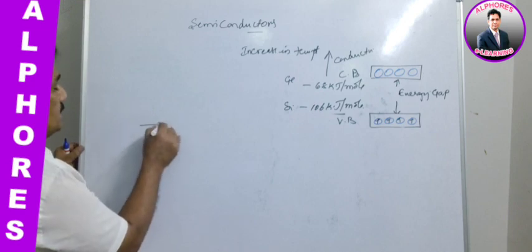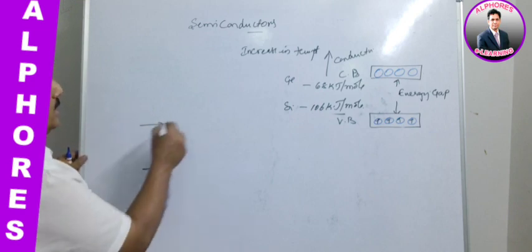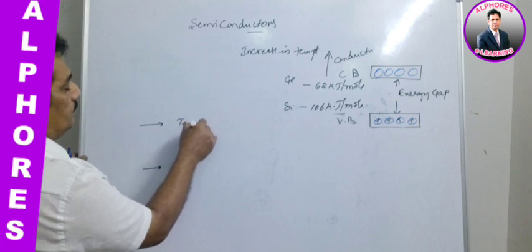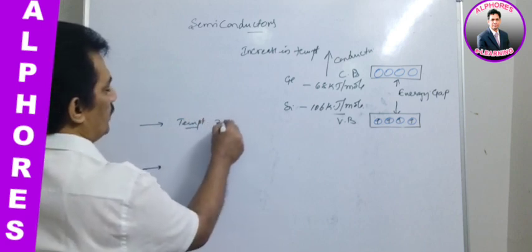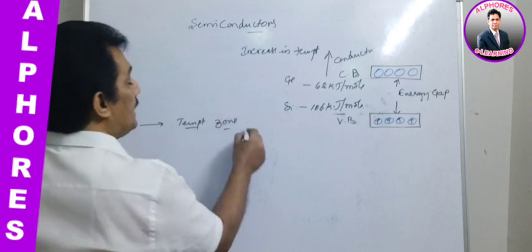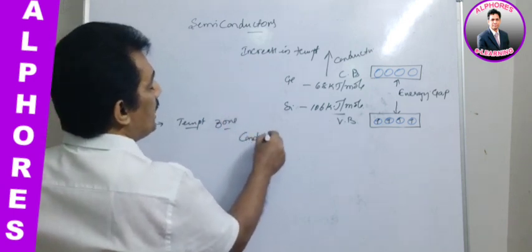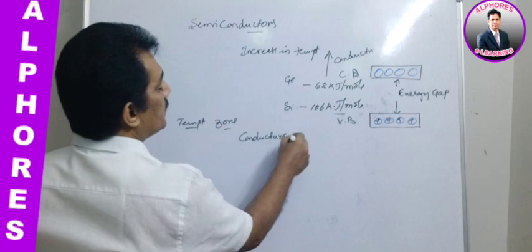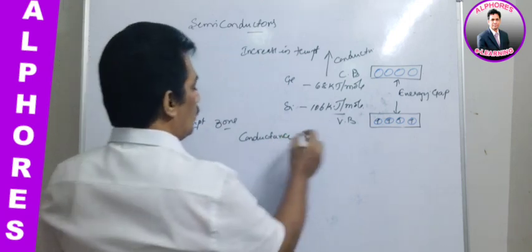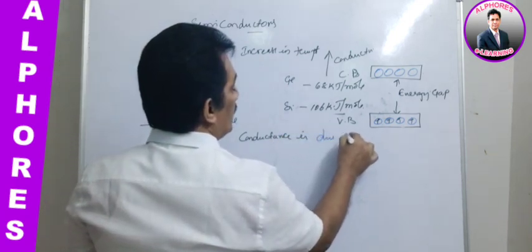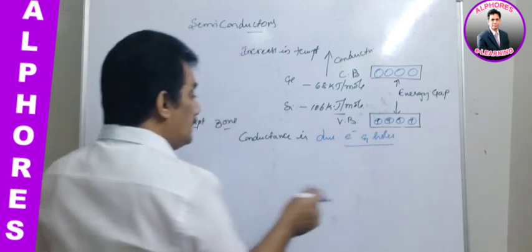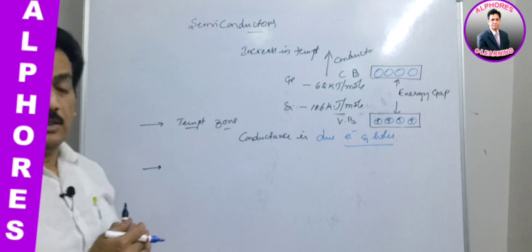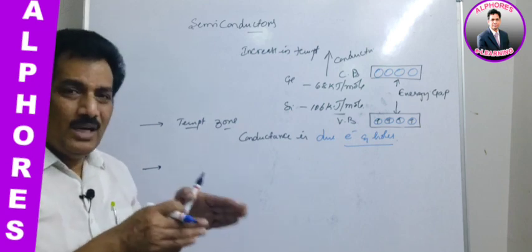And now in these semiconductors, sometimes two types of concepts we can observe. The temperature zone where the conductance is purely due to electrons and holes present in the semiconductor solid crystal.